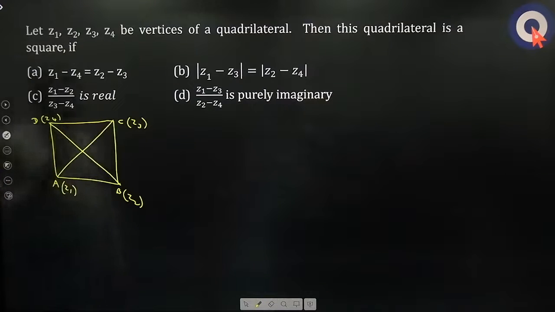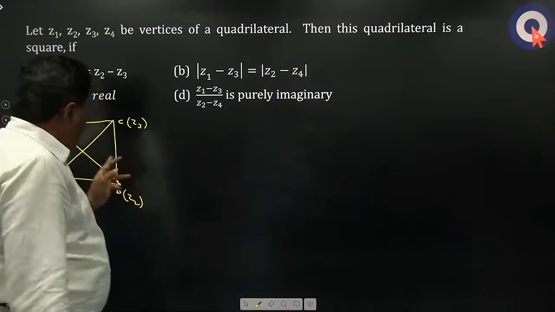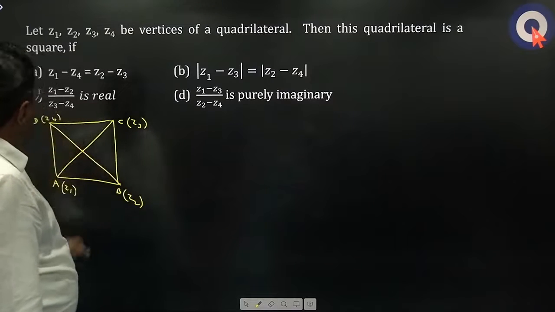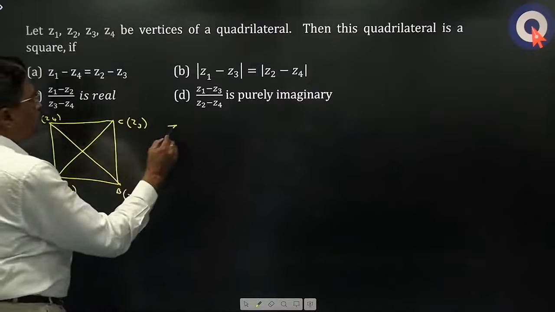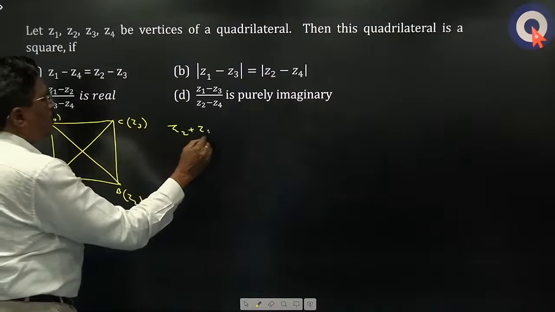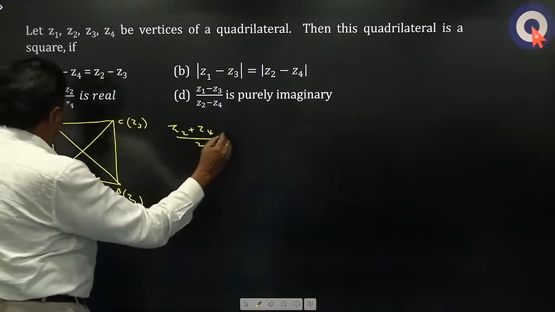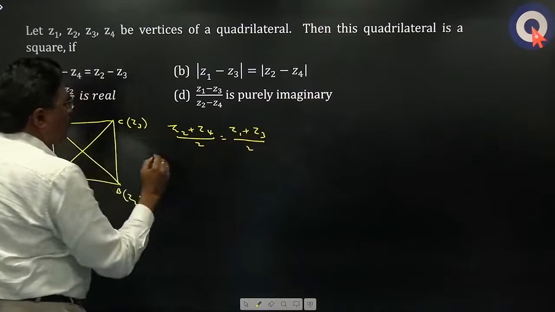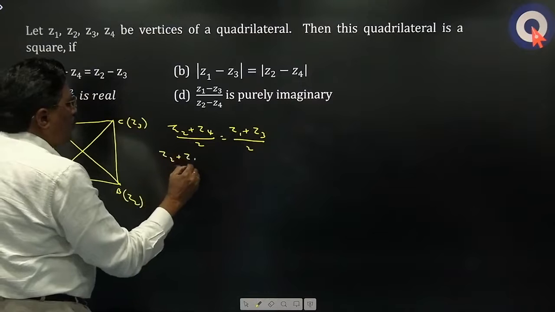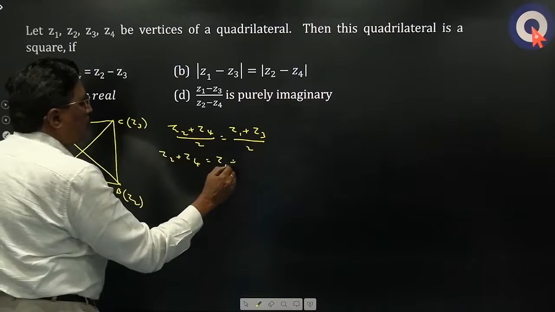If it has to be a square, the diagonals have to bisect each other. So Z2 plus Z4 by 2 is equal to Z1 plus Z3 by 2. So you have Z2 plus Z4 is equal to Z1 plus Z3.